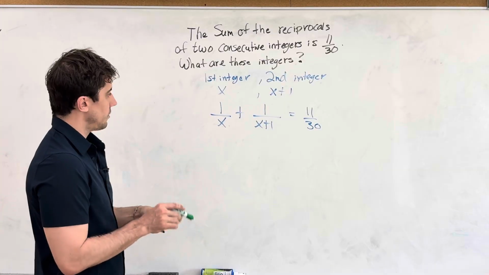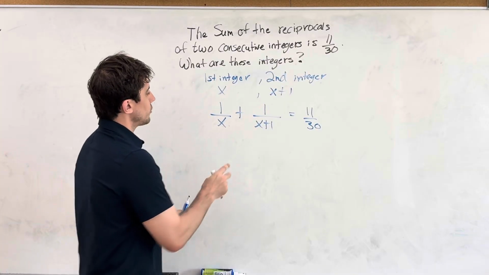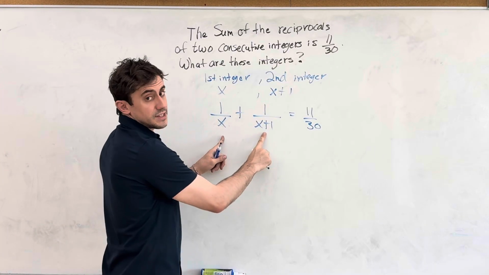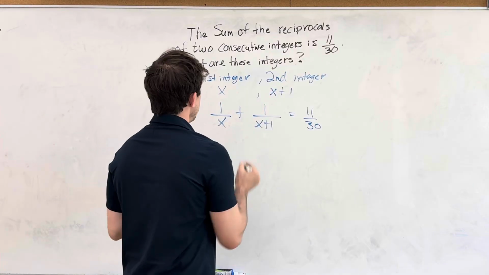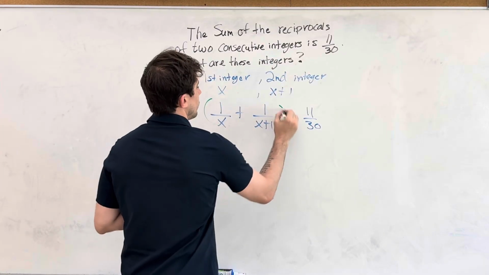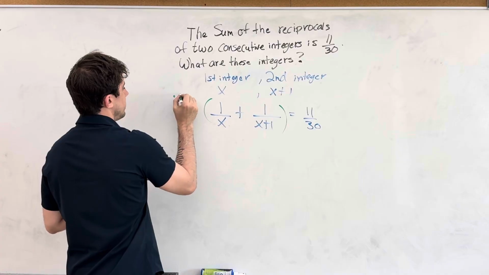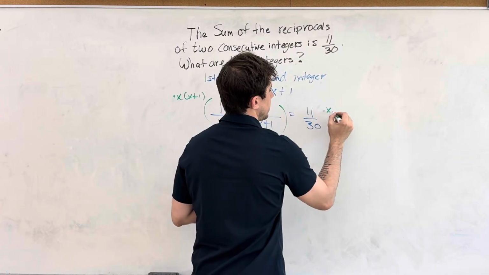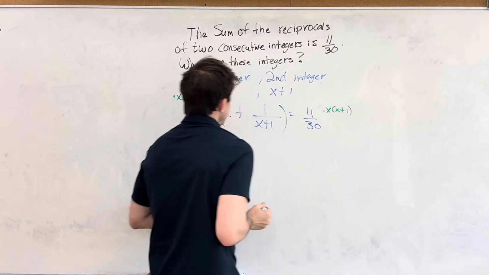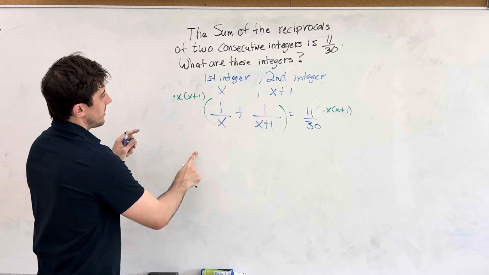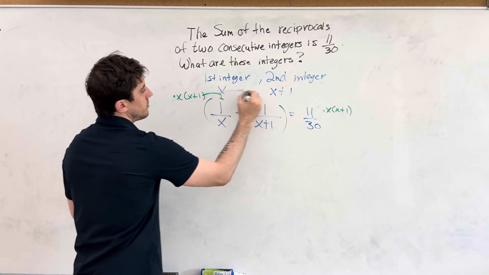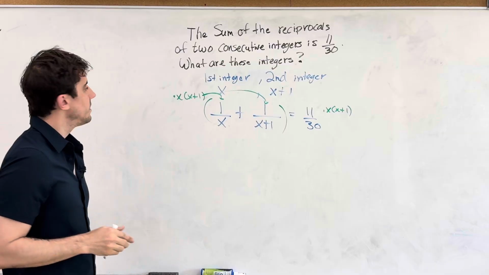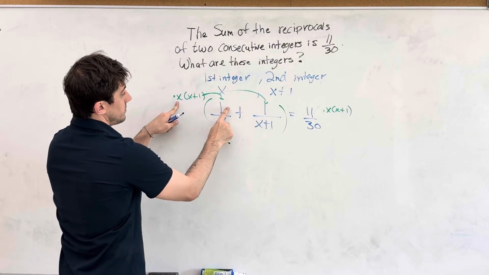So to solve this equation, let's multiply both sides by both of these factors. Okay? So what we'll do is we'll multiply both sides by x times x plus 1. On the left-hand side, we're going to multiply through to hit both terms. x times x plus 1 times 1 over x.